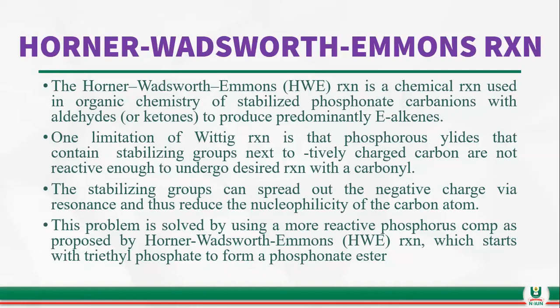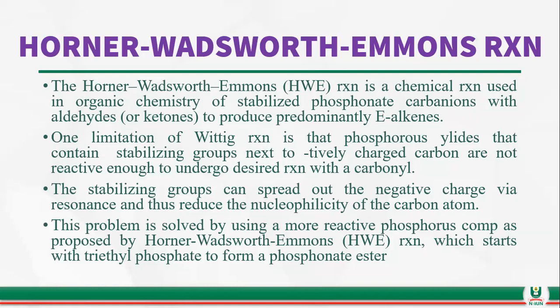So this problem is solved by using a more reactive phosphorus compound. If you are using phosphine, because of the steric hindrance and the unreactive nature, it cannot proceed to give you E. So if you want to get E, you can use a phosphorus compound that is much more reactive than the phosphine. And that's what leads us to the phosphonate ester group.